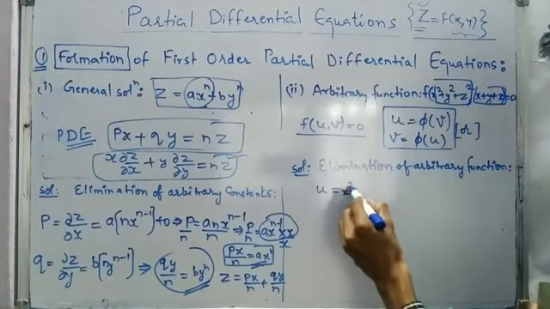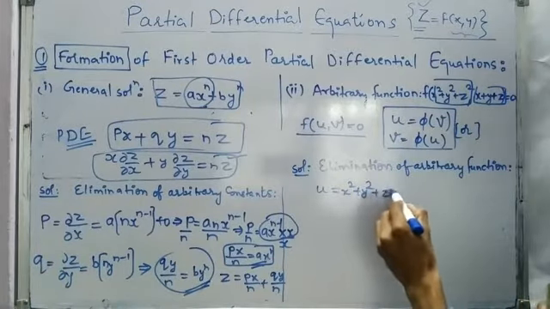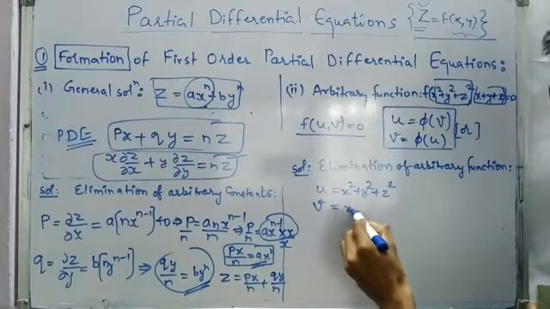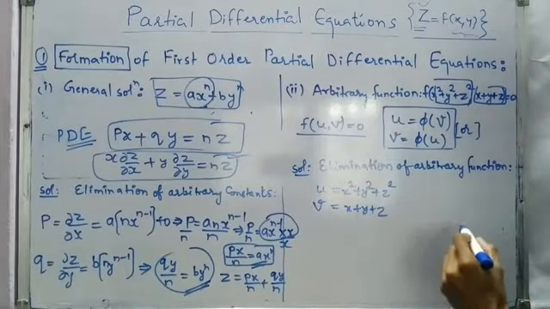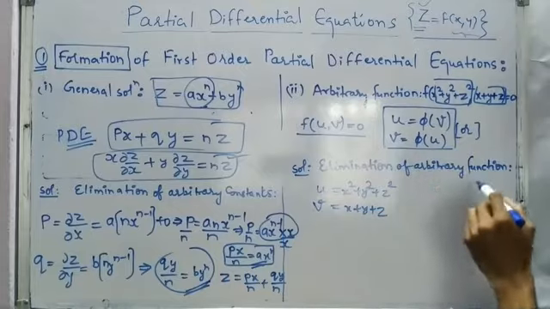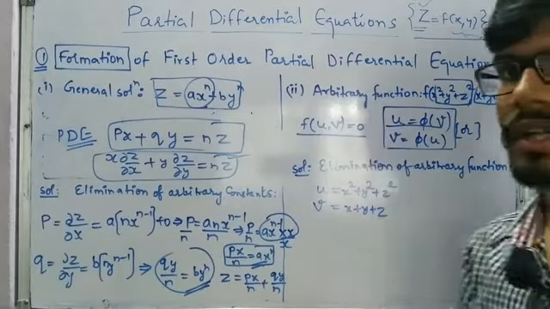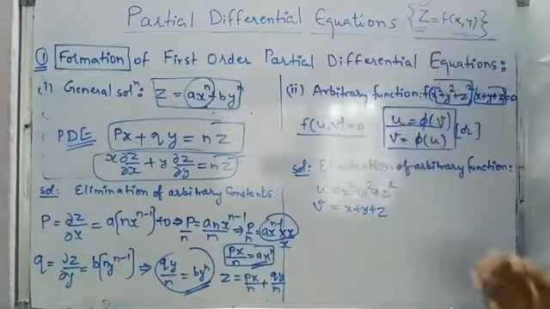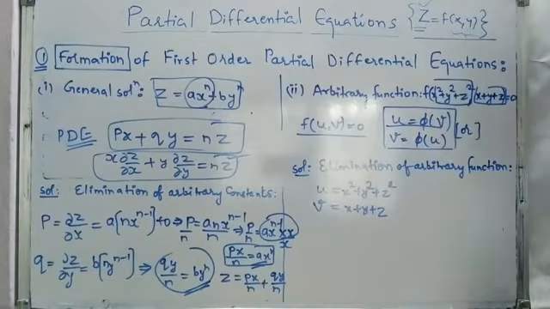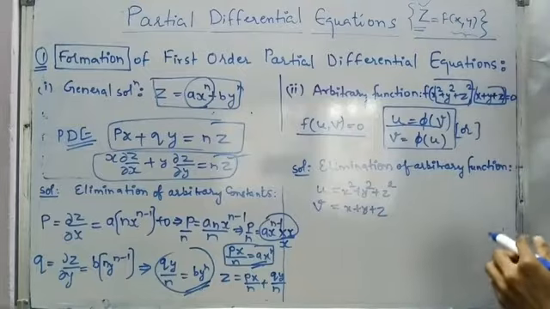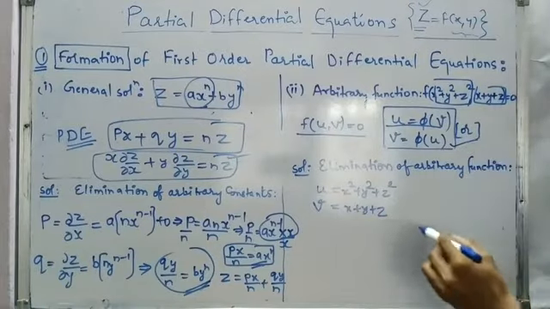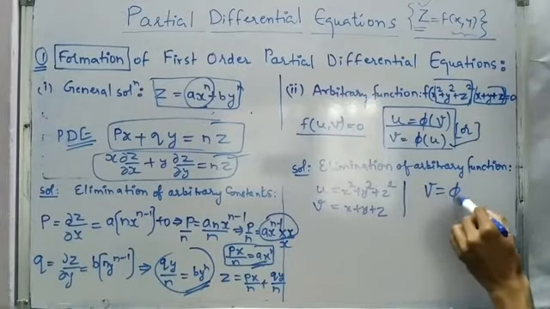So u is equal to x square plus y square plus z square, and v is nothing but x plus y plus z. You have to make use of either of these two expressions. Either you can take u as phi of v, another function of v, or v as another function of u. You can make use of any of them. So let us make use of this particular thing: v is another function of u.